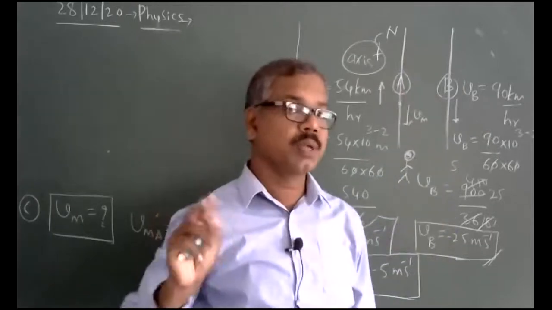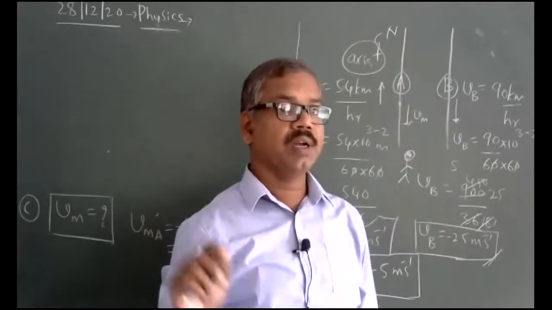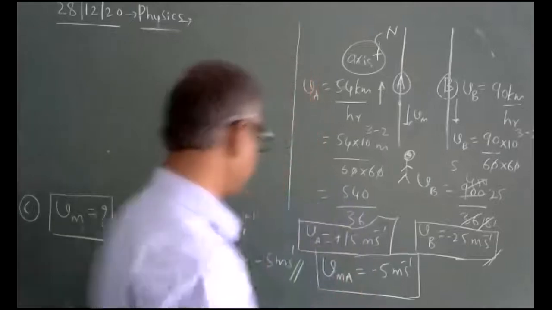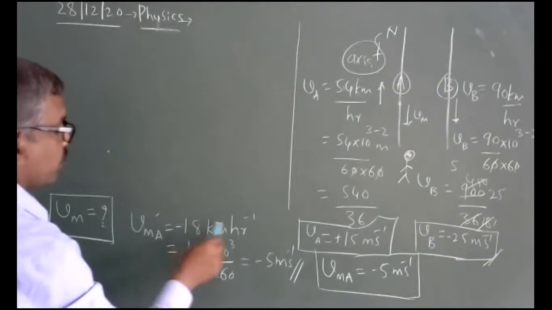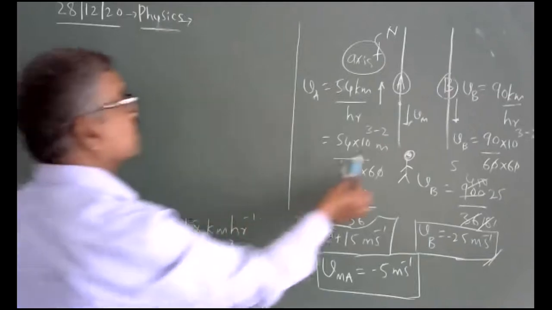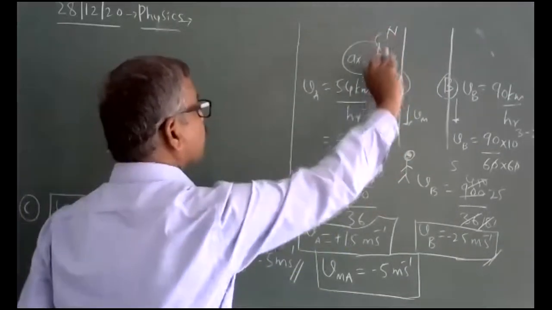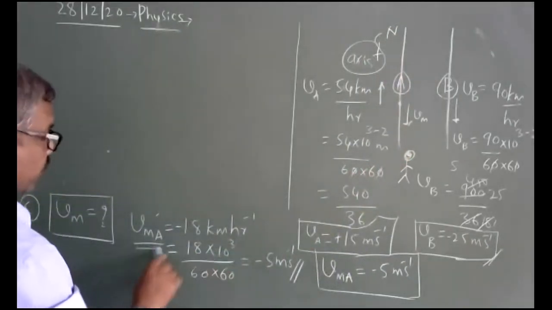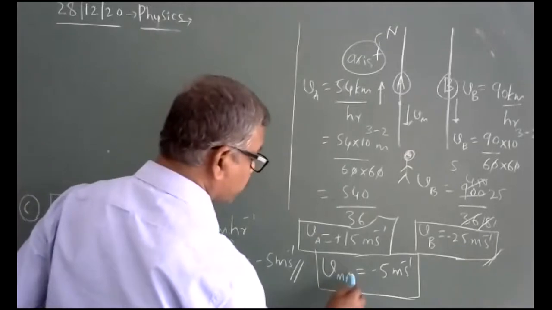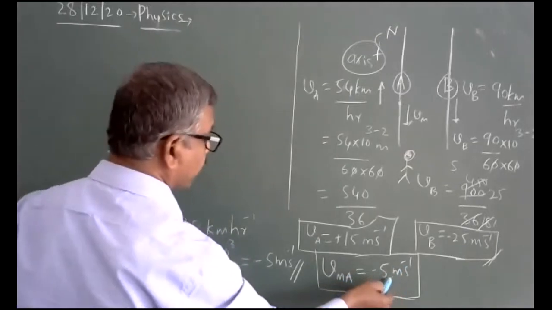Since monkey's velocity is not given, the relative velocity of a monkey with respect to train A is 18 kilometer per hour. I am taking minus because train is moving in north, monkey is moving towards south, means opposite direction, hence minus 18. The simplification gives me relative velocity of a monkey with respect to A in terms of meter per second, which is minus 5 meter per second.